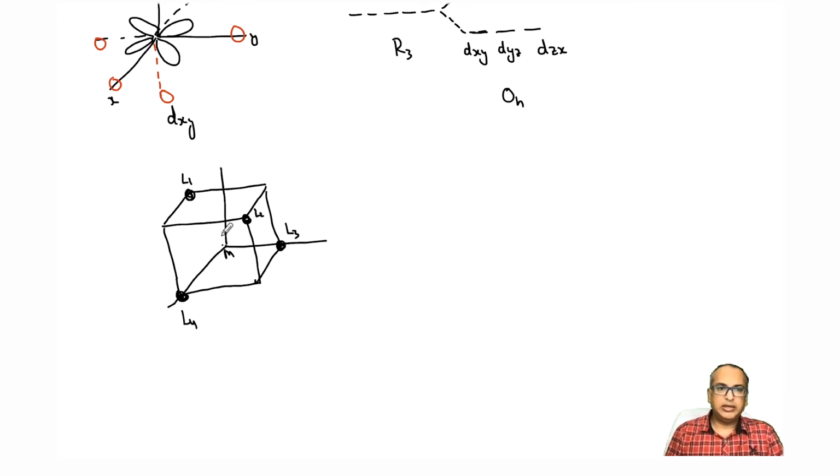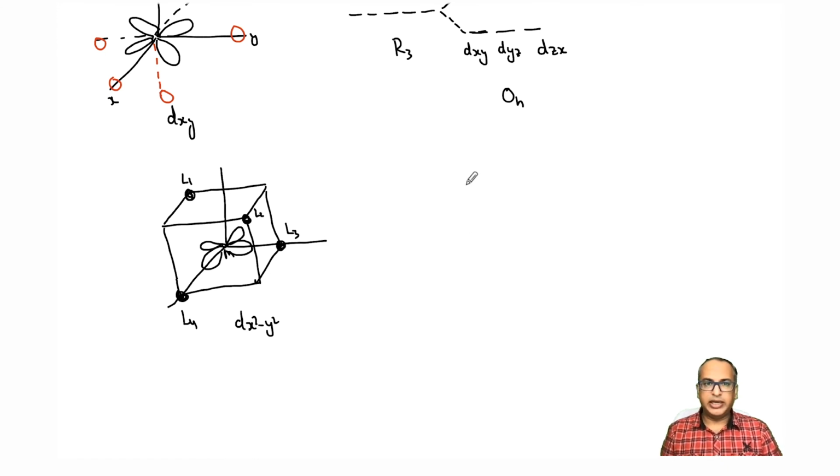Now you see that the ligands are not approaching along the axes, but in between, right? So if I draw, let's say, dx square minus y square, only 2 lobes will have direct interaction. Whereas if I draw dxy, all 4 lobes will have relatively more interaction with these ligands as compared to dx square minus y square, right?